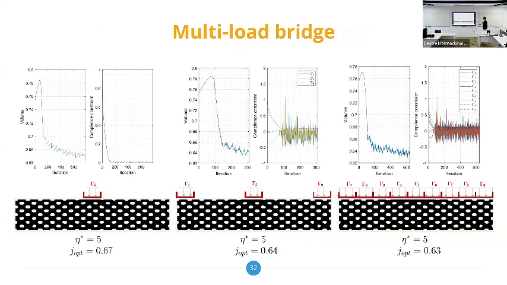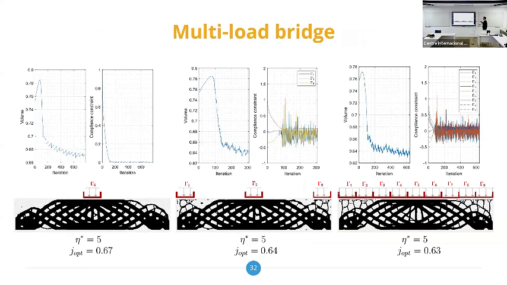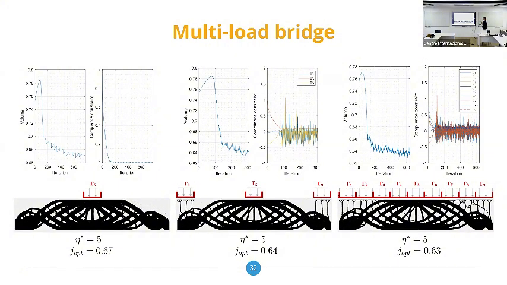Okay, here are the solutions with just the load case in the middle, then 3 compliance constraints, and then all 9 compliance constraints. And we can see that the solution is obtained successfully, since for the case where I have all load cases, I have obtained small and slender bars in order to withstand these additional problems.